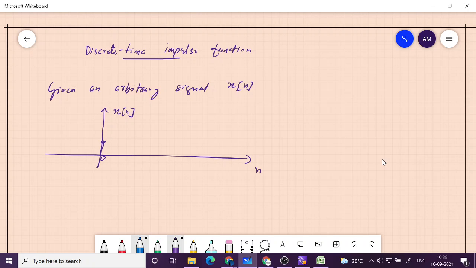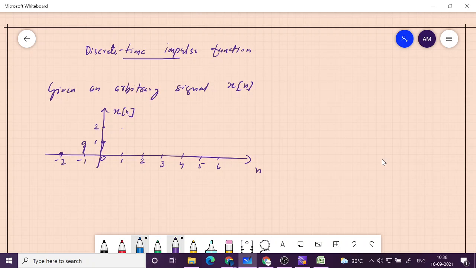So there is 0, there is 1, there is 2, there is 3, 4, 5. Let me take a simple case, -1, -2. I can take any case. So this is 1, and then say this is 2. Let's say that these are the values. Everywhere else it is 0.